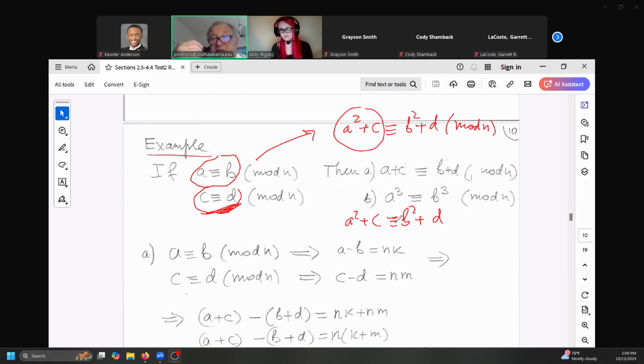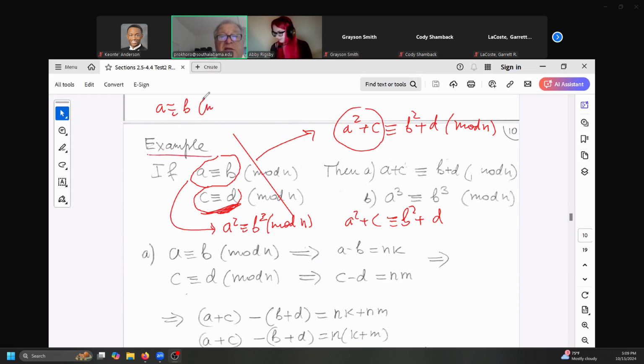But to see it, if we have a is congruent to b modulo n, we need to see a squared is congruent to b squared modulo n. By the definition, a is congruent to b modulo n if the difference a minus b is divisible by n.